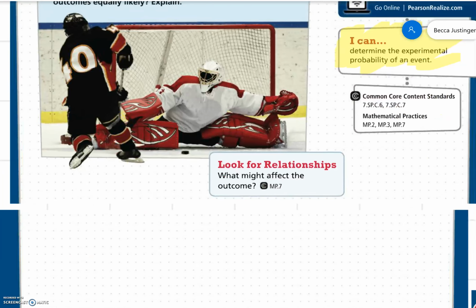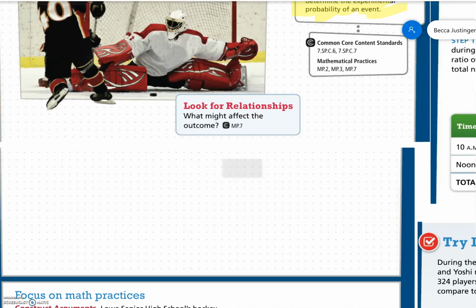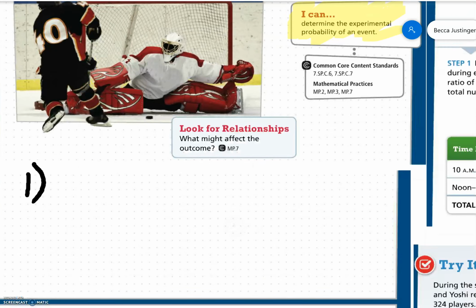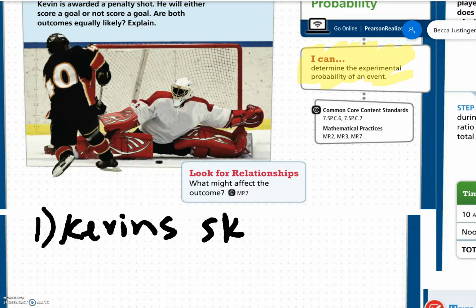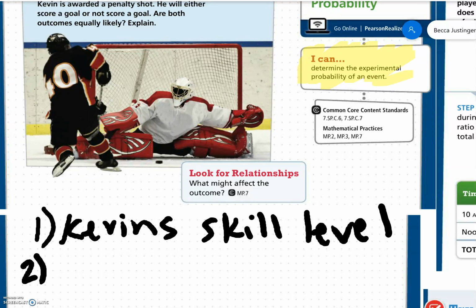Okay, so scoring the goal, there's a couple of things that it depends on. First thing is Kevin's skill level. The other thing it would depend on is the goalie and his skill level.